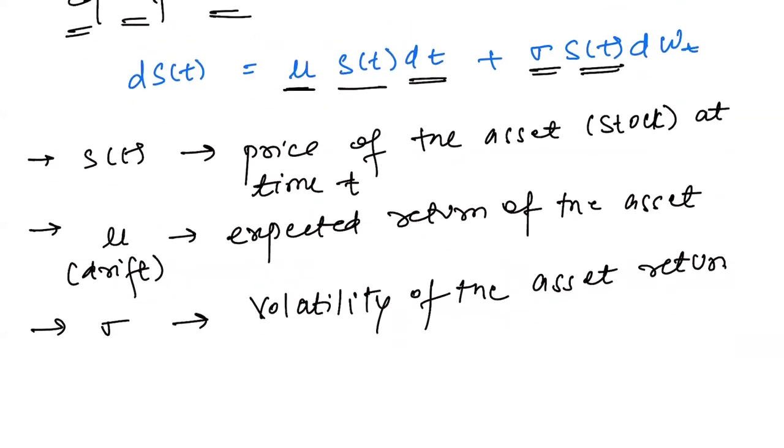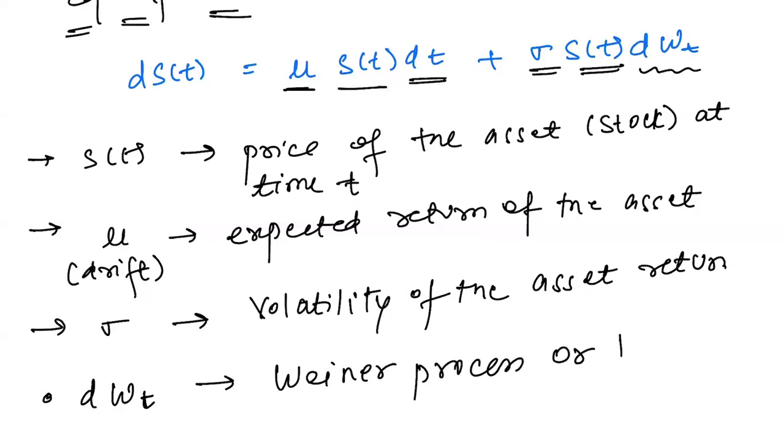And now the left out term, dW_t, which is a very important term. dW_t is called the Wiener process, or Brownian motion.